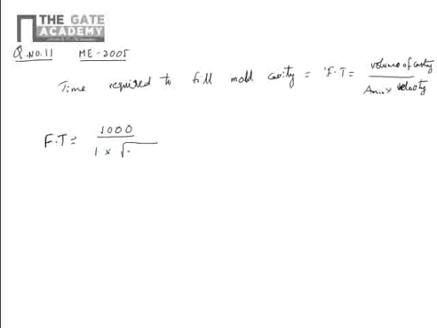Velocity you have to calculate based on root 2gH. H is given as 20, the length of the down sprue, so we have taken the length of the down sprue itself as the height. After substituting all the values, you will get 5.05 seconds filling time. Answer is B.